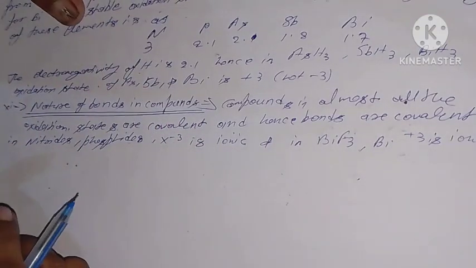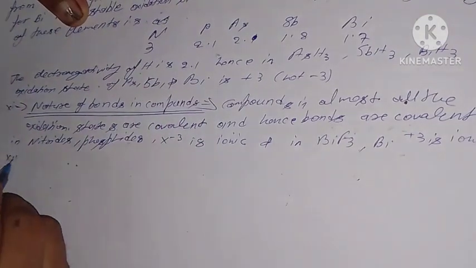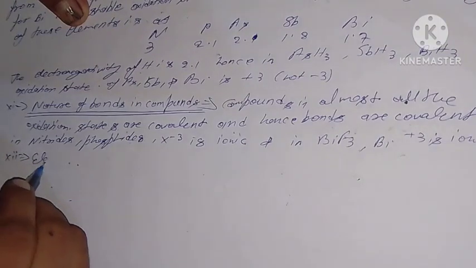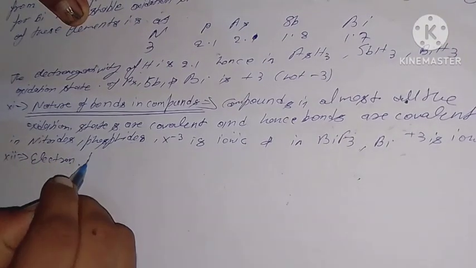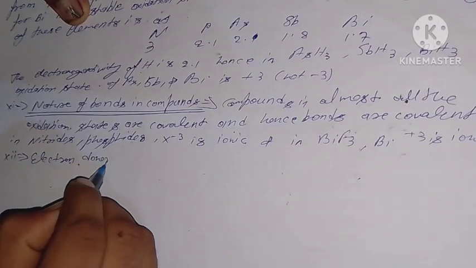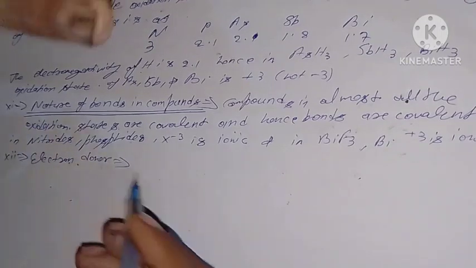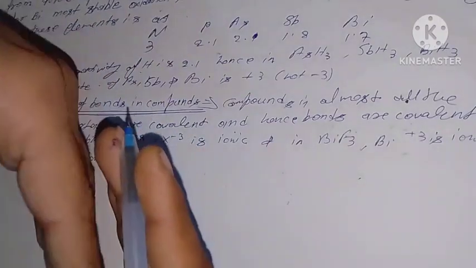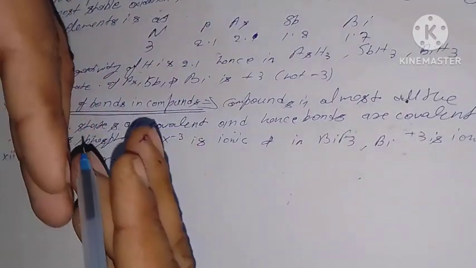Next, electron donor. Nitrogen cannot act as an electron acceptor because it has no d orbitals.